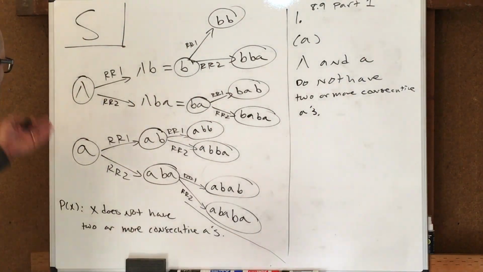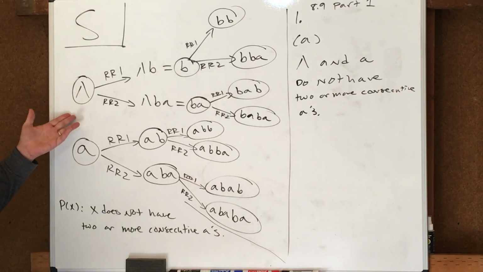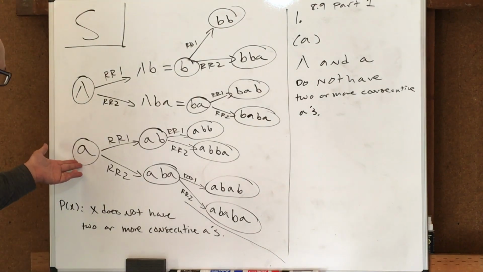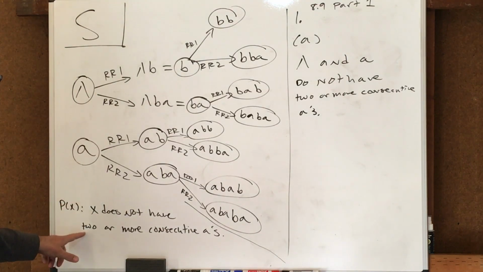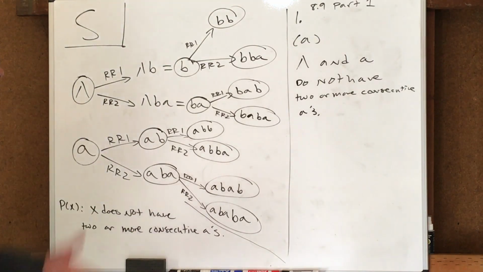You can see that's pretty clear. Lambda, the empty string, doesn't have any a's in it, so it definitely doesn't have two or more consecutive a's. And A is just one a, so there's not two or more consecutive a's. There's just one a. So you can see that's true there.